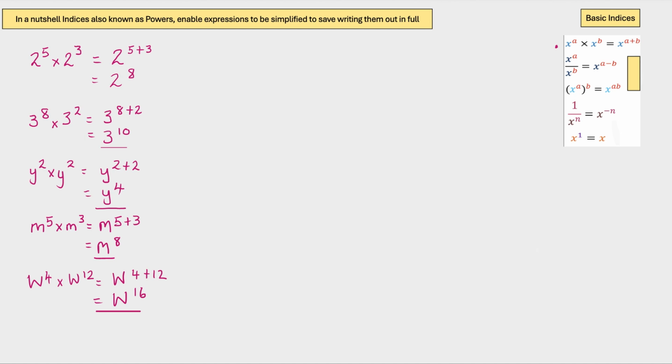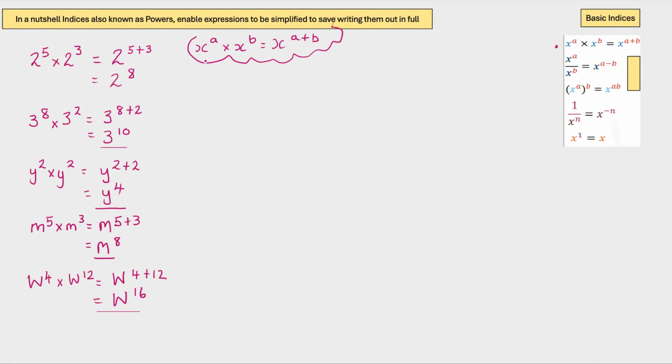You need to write these down and separate them and put them under the actual rule, which is x to the power of a times x to the power of b equals x to the power of a plus b. Don't be frightened of this. It looks a bit complicated, doesn't it?